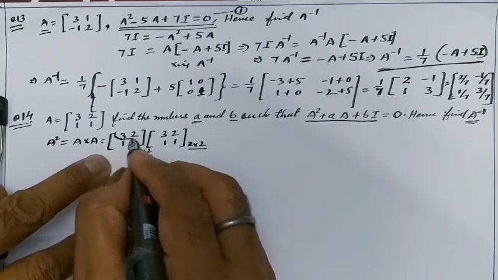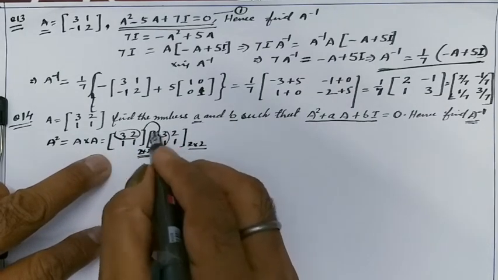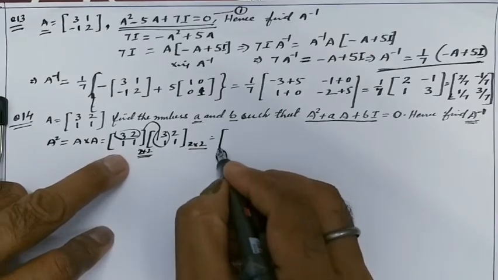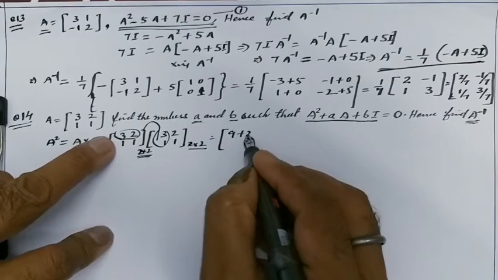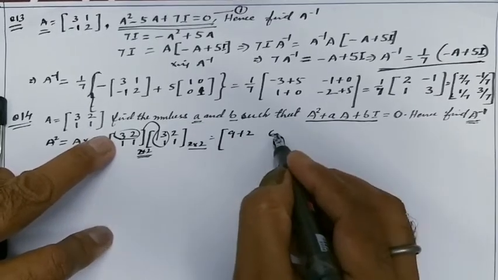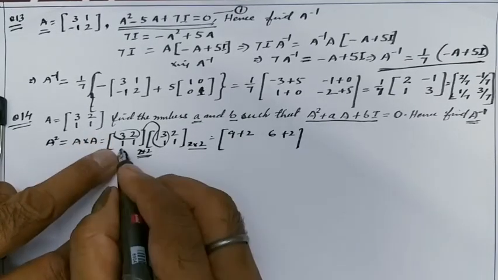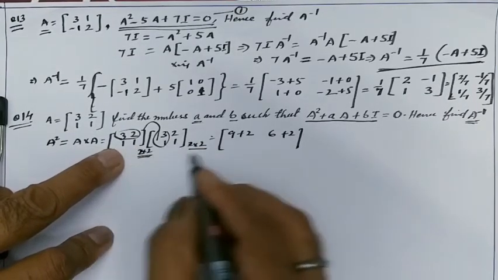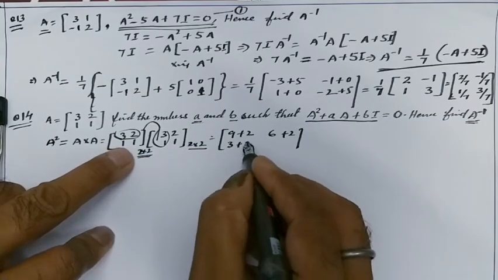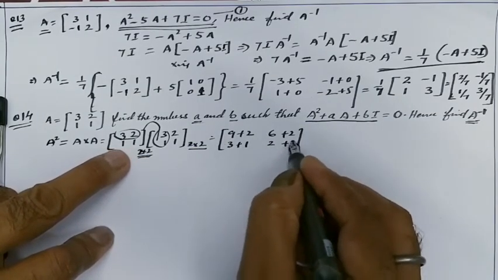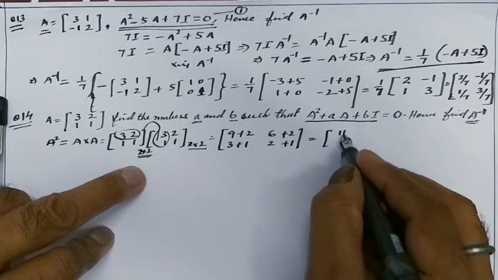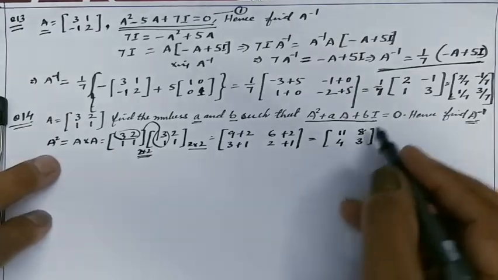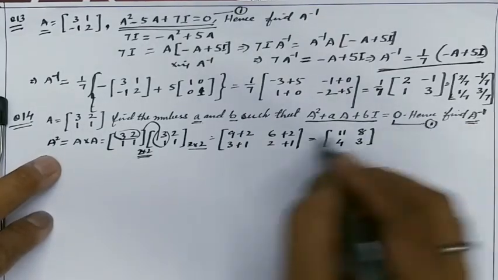So this is row 1 with column 1 and then row 1 with column 2, similarly for the others. So 3 threes are 9 plus 2, 3 twos are 6 plus 2, then 3 plus 1 and 2 plus 1, which is equal to (11, 8; 4, 3). This is A square. Now we'll give this number 1.